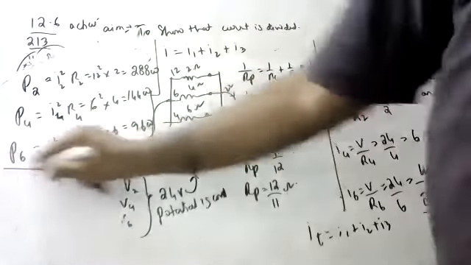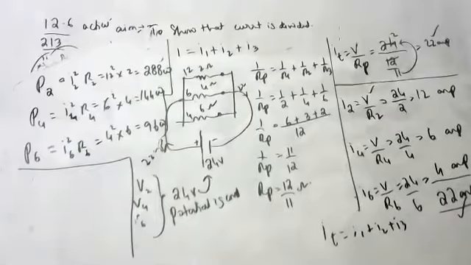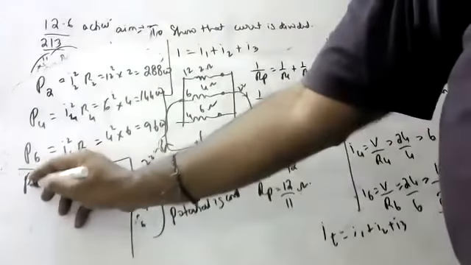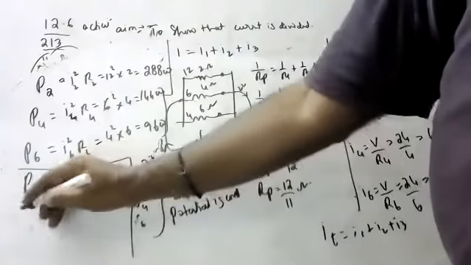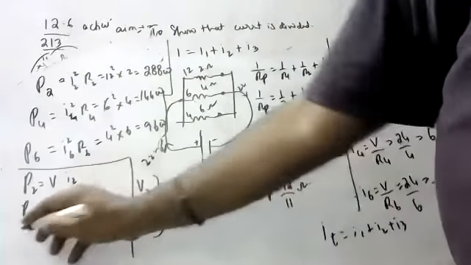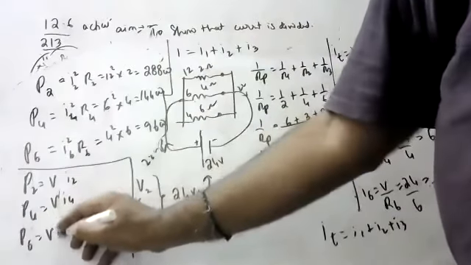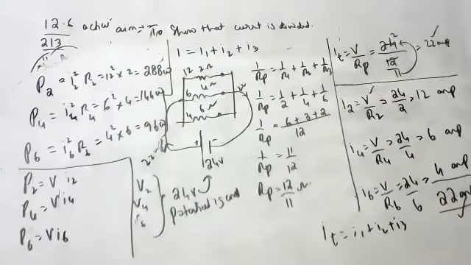Anyway, for your understanding, I will do one more formula so that you will have confidence. What is the other formula we have? P is equal to VI. V is constant. P2 is equal to VI2, P4 is equal to VI4, P6 is equal to VI6. Why am I not writing V2, V4, V6? Because potential is constant in a parallel connection.